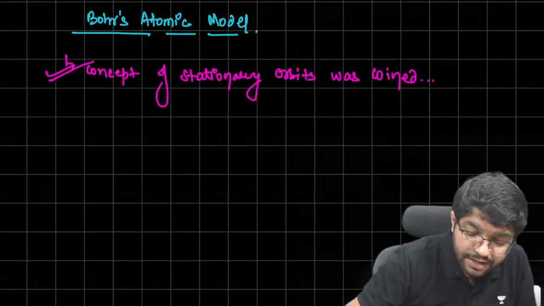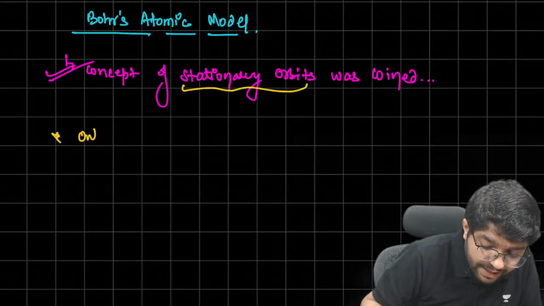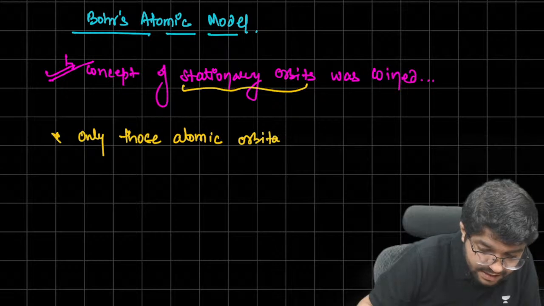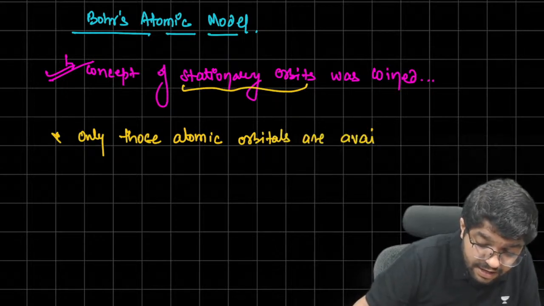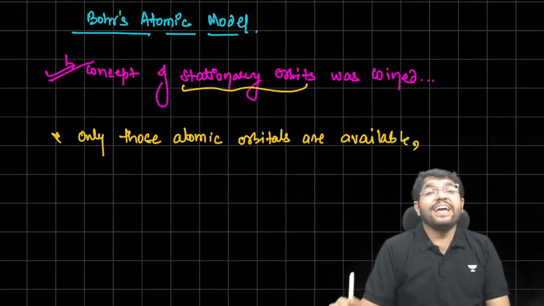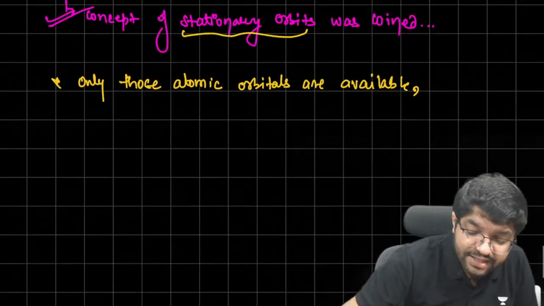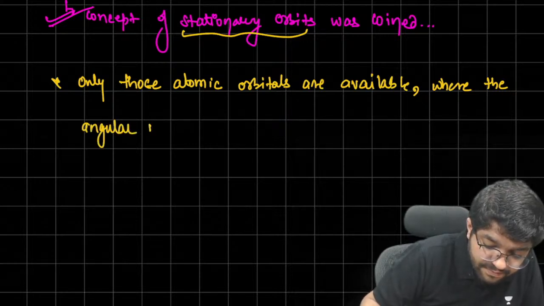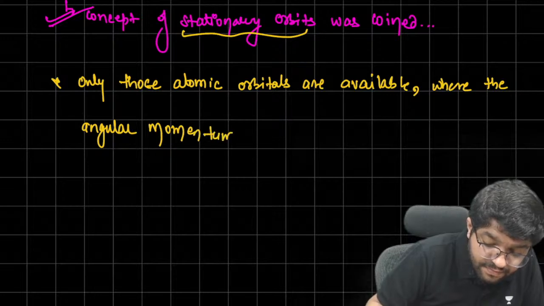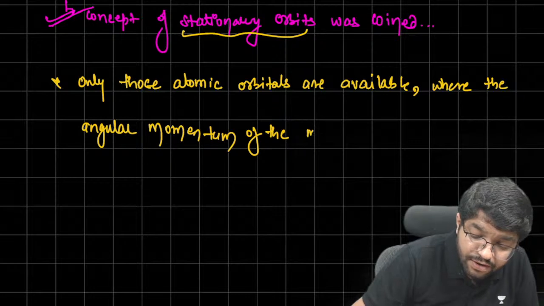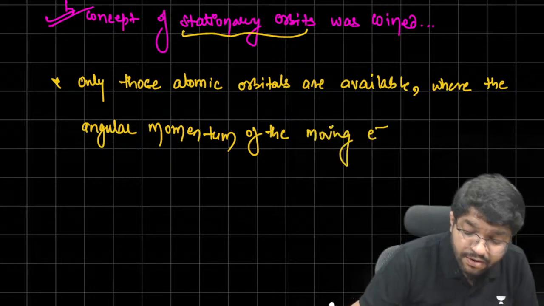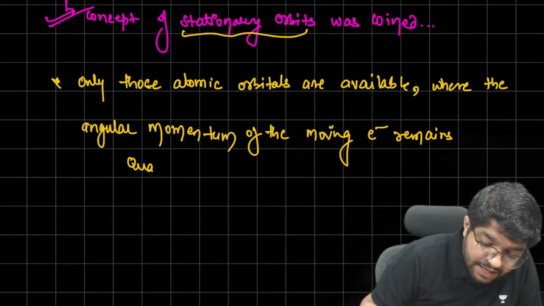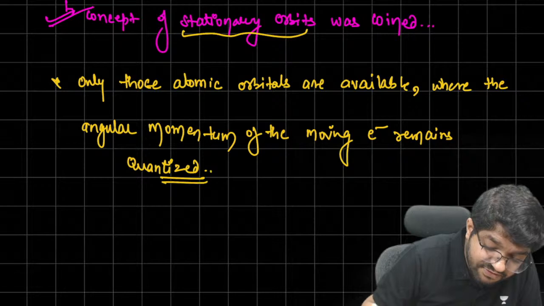They actually mean to say that only those atomic orbitals are available where the angular momentum of the moving electron remains quantized. This is very important.